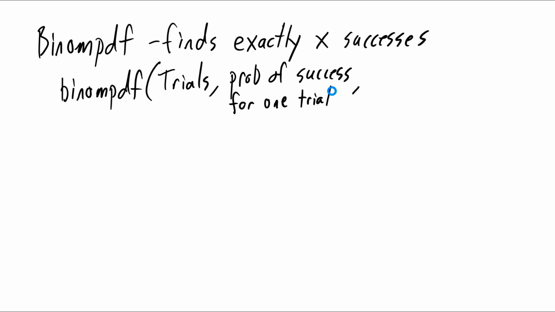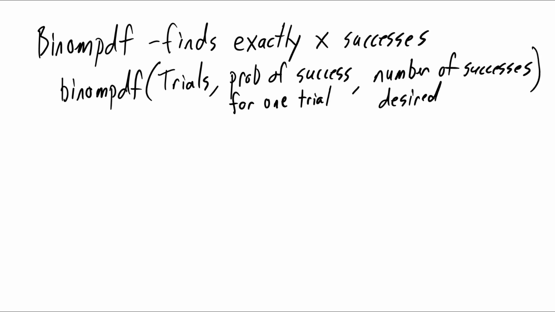And then the last number is the number of successes desired. Okay, and so the trials, we call that N. The probability of success, we call that P, and then the number of successes, we call that X. So it's Binome PDF N, P, and X. Those are the three inputs for the Binome PDF function.